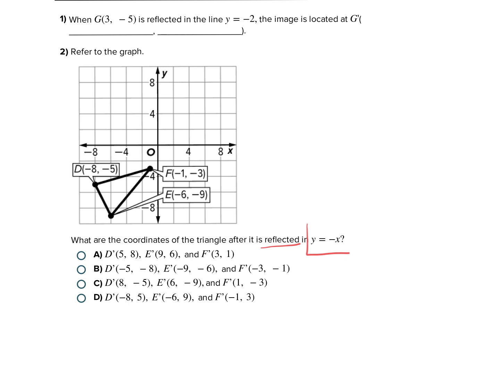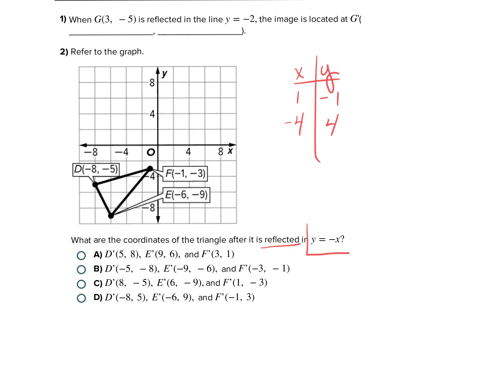Okay, so if we were to create a t-chart with my x and y values, if I made x 1, that means y is the negative of that, so it's going to be -1. If I had -4, a -4 would be a positive 4.